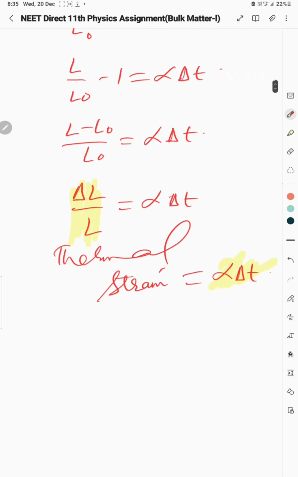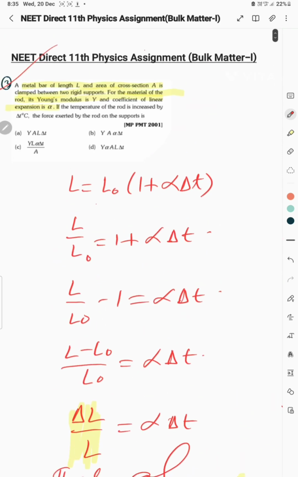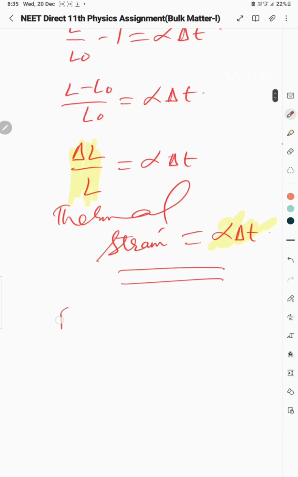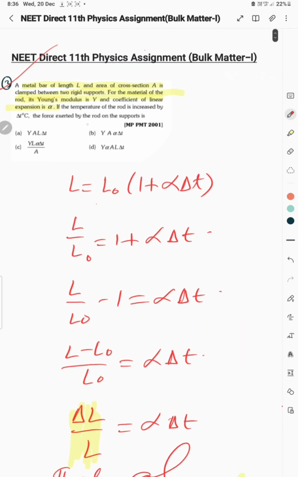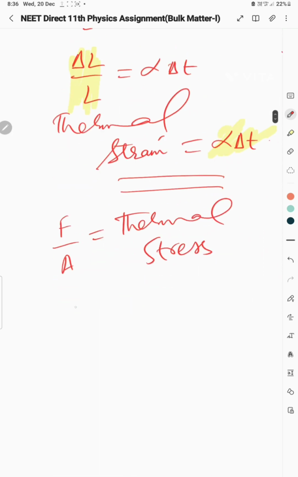Now be very careful, because here thermal stress we have to determine first of all, right? And the stress means F by A. This is thermal stress. And the question was, how much force is exerted by the rod on the support? In short, I have to write stress is Y times strain. Of course, this is thermal stress, this is thermal strain.